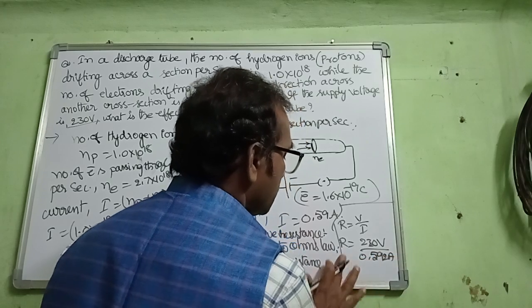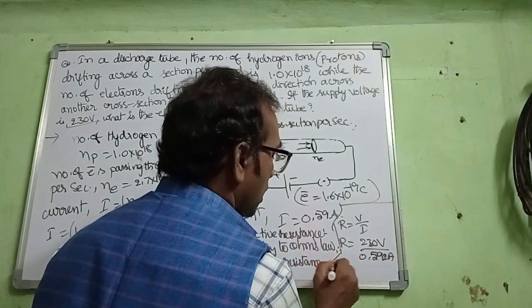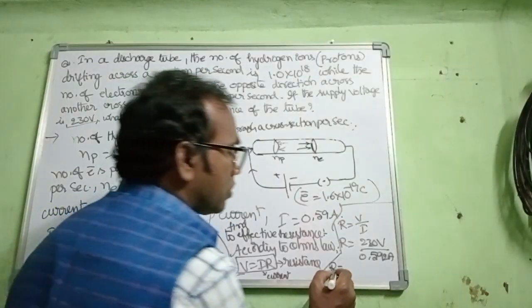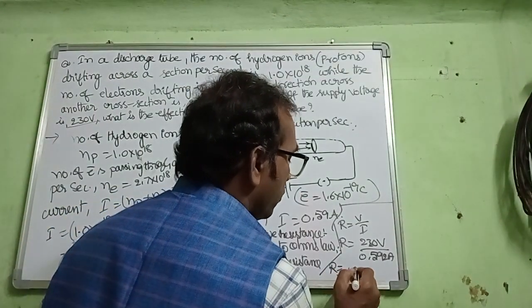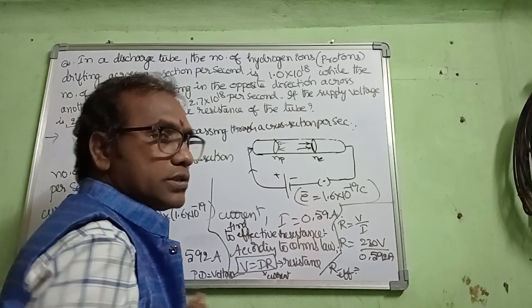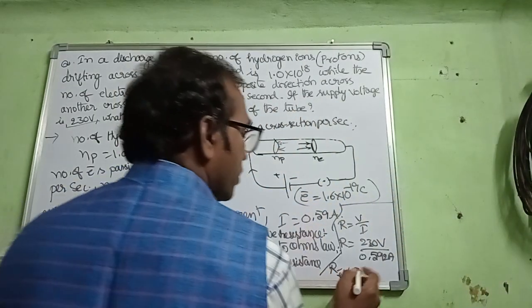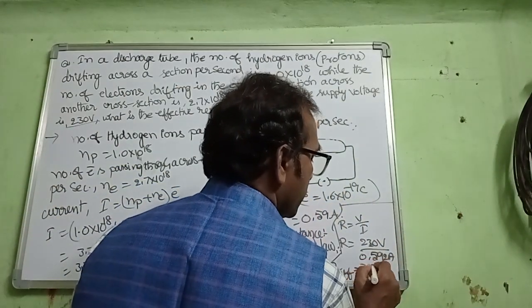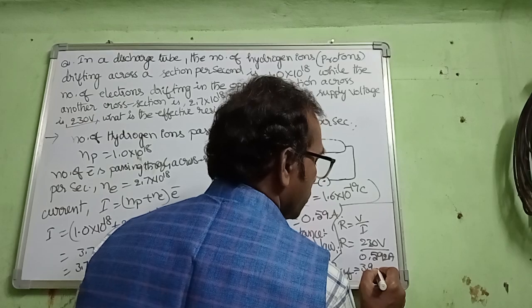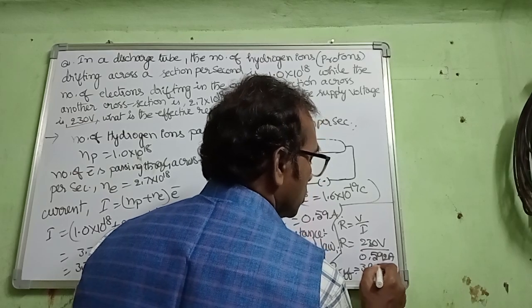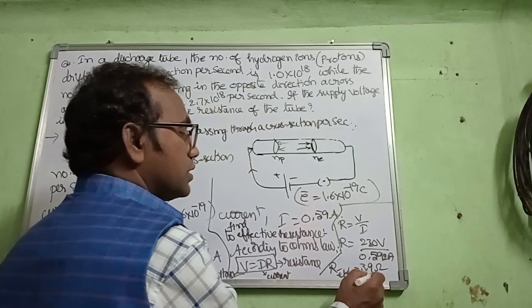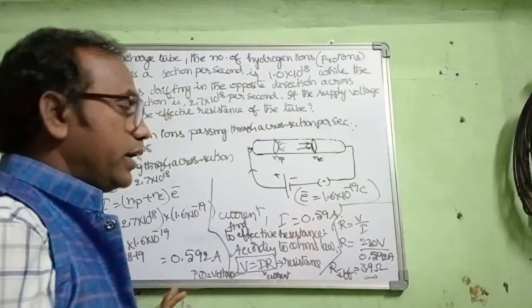So on simplification, the effective resistance R equals 3.9. The unit of resistance is ohm, so the effective resistance is 3.9 ohm.